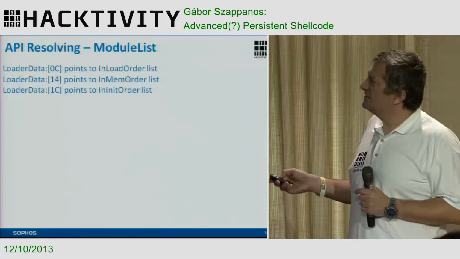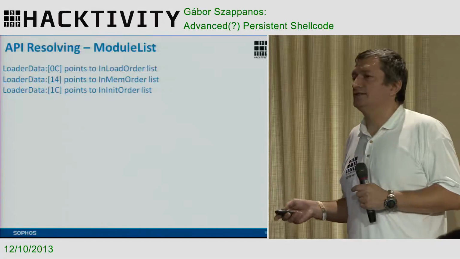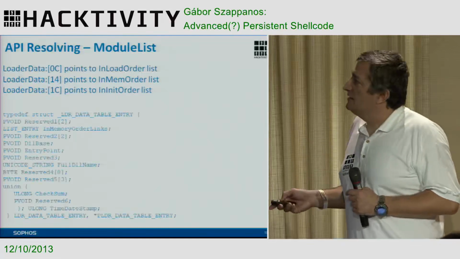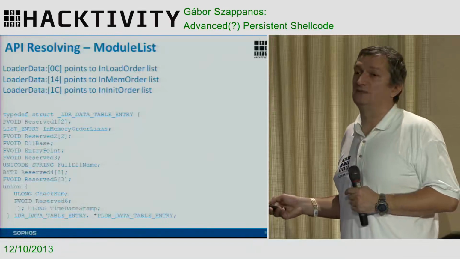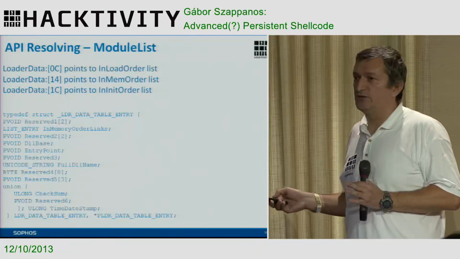So in the loader data structure, you will see 3 pointers, and you can choose whichever of these linked lists you are going to use. Each element of the list is going to be a table describing that particular DLL file. And that's what you need.